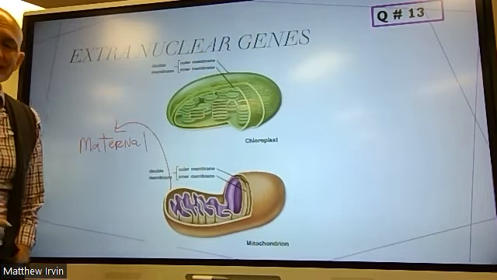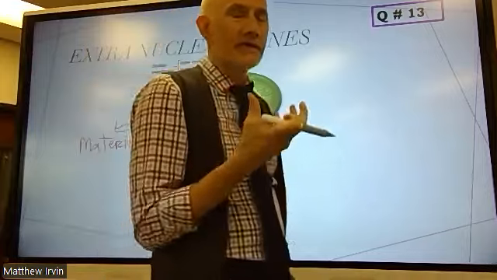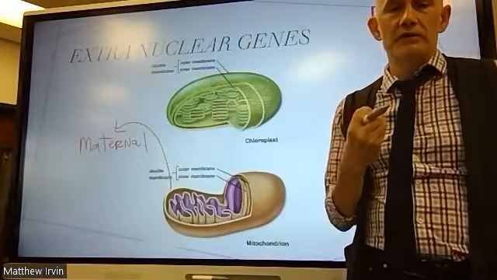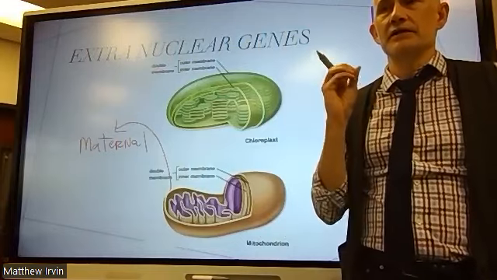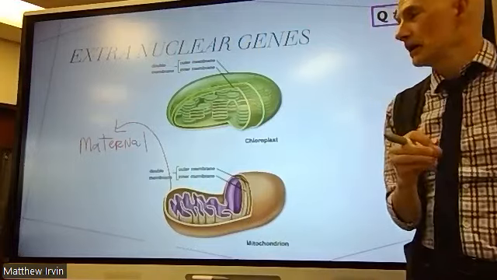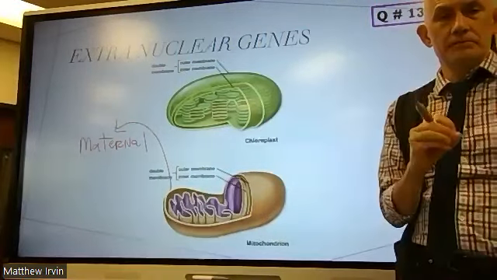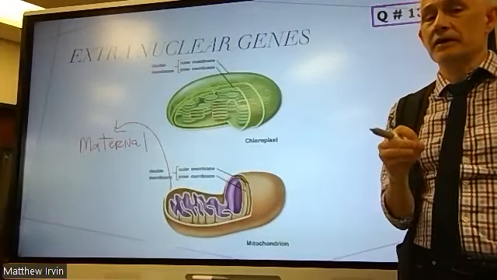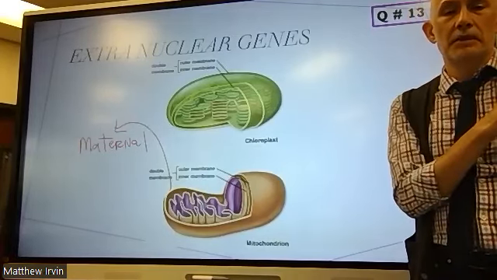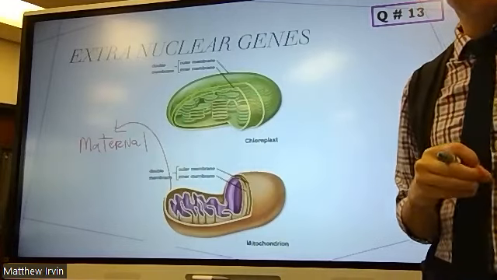So remember that the egg cell has all of that cytoplasm, all of those organelles, all of the mitochondria. When the sperm fertilizes the egg, the sperm only contributes the nuclear material. And so all the mitochondria that you have received, you got from your mom. And so you can trace maternal DNA through mitochondrial lineages.